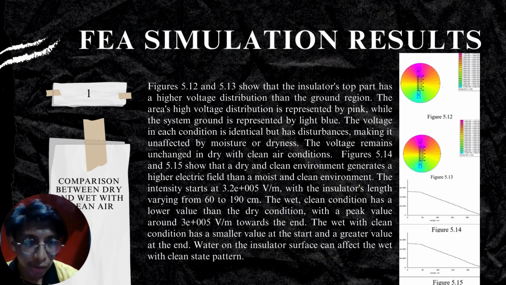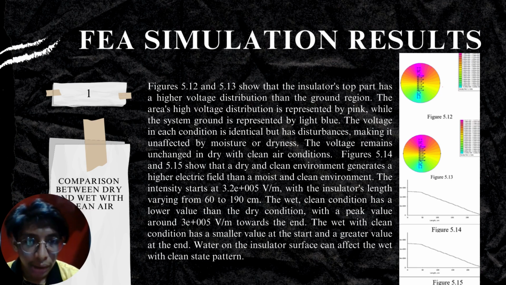So next is figure 5.14 and 5.15. It shows that a dry and clean environment generates a higher electric field than the wet and clean environment. So the intensity starts at 3.2 E5 V per M, with the insulator length varying from 60 to 190.